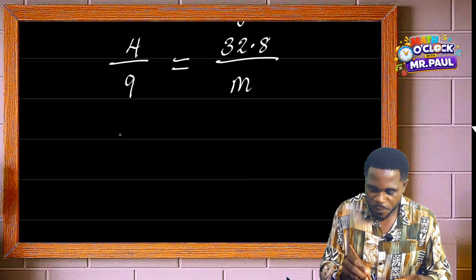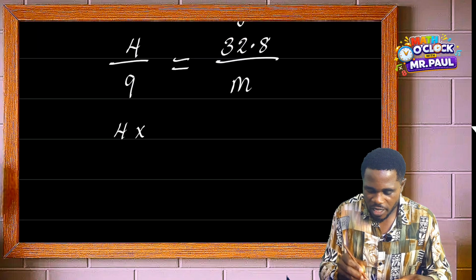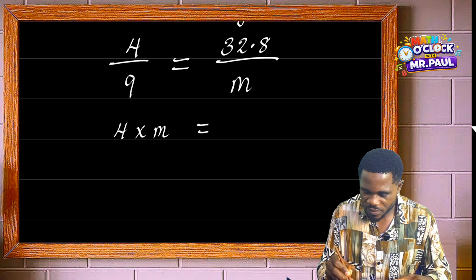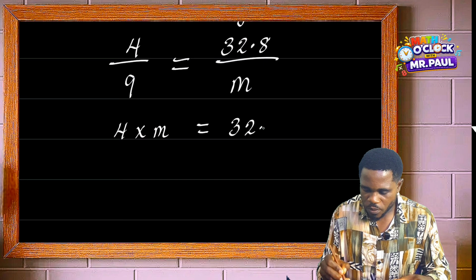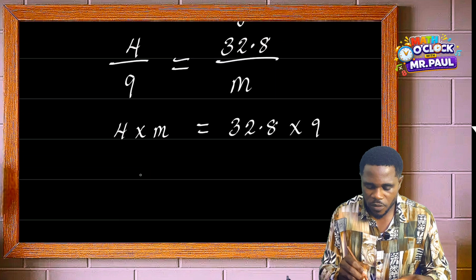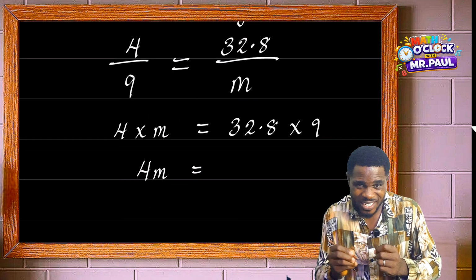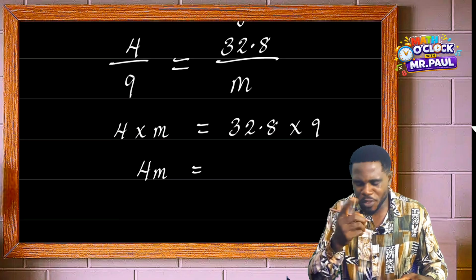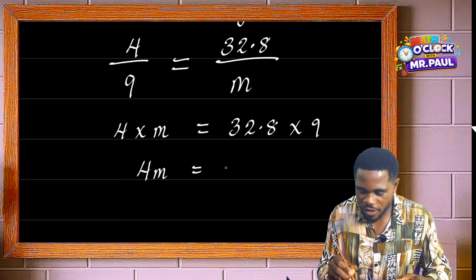So we have 4 times M is equal to 32.8 times 9. Beautiful. 4 times M is going to give us 4M. Another guy attaching itself to the M. That guy is 4. And remember, what did we say 4 is called? Beautiful, the coefficient.